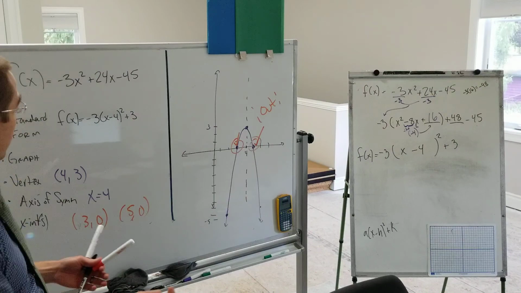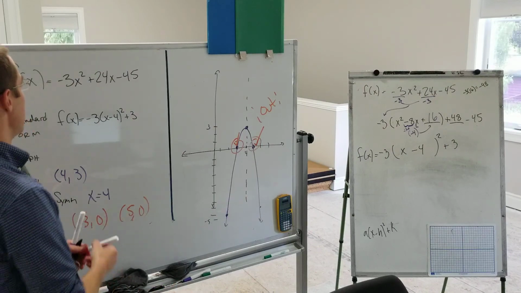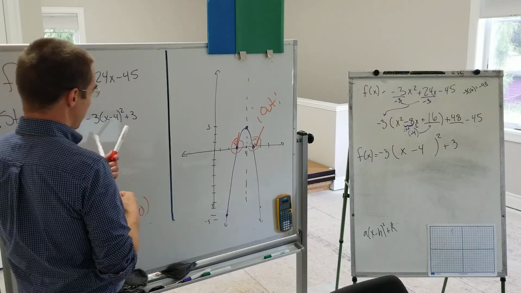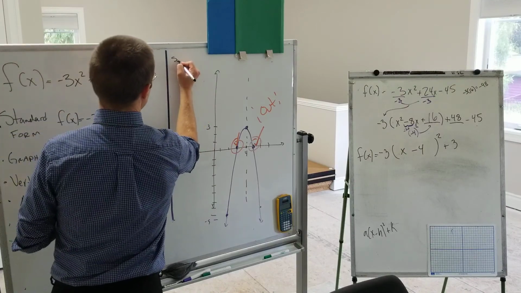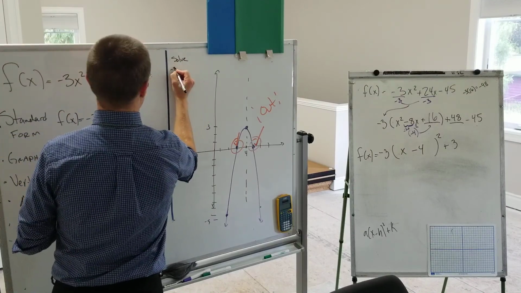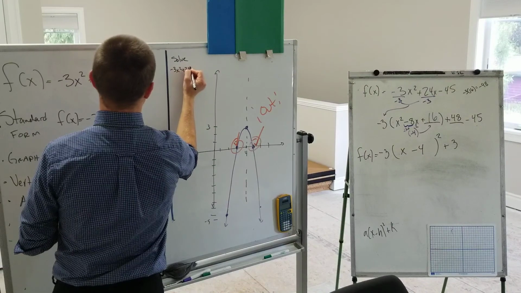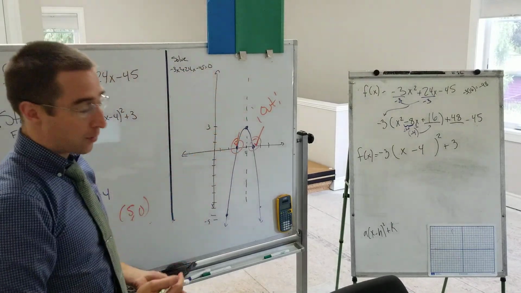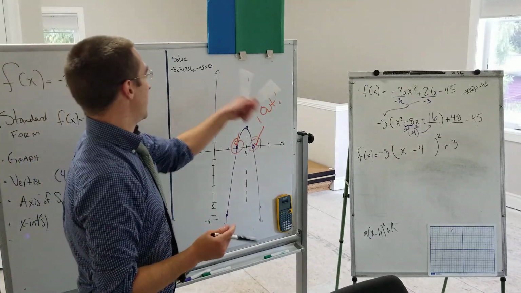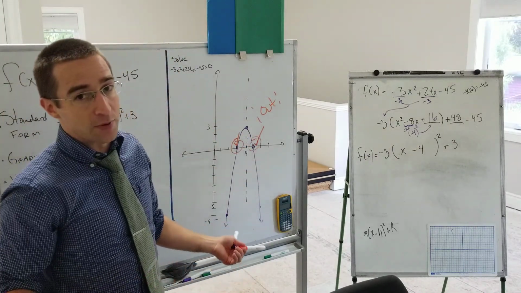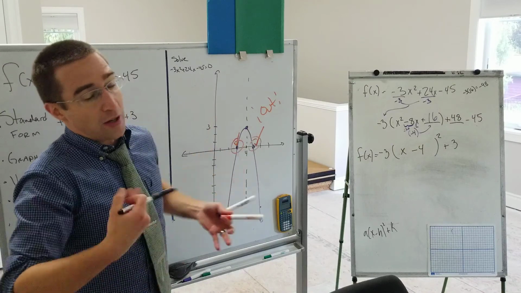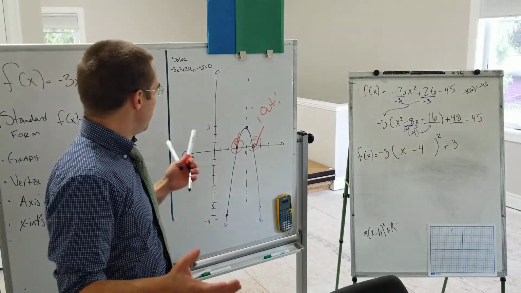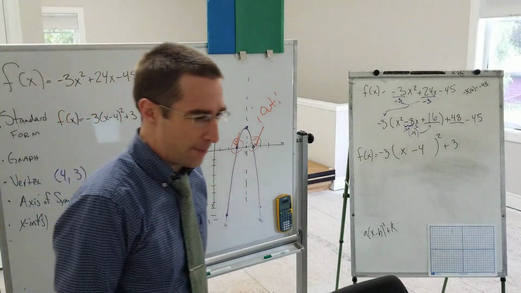If they didn't come for free with this deal, we would just solve negative 3x squared plus 24x minus 45 equals 0, either using the quadratic formula, or you could divide everything by negative 3, now that it's equal to 0, and then try to factor it. You could do that. Lots of options there.